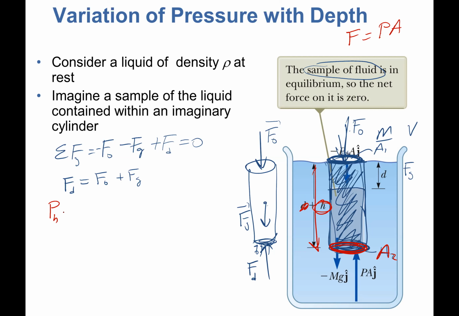So pressure times area 2 equals the atmospheric force, which is atmospheric pressure times area 1, plus the gravitational force, which is mass times gravitational acceleration.